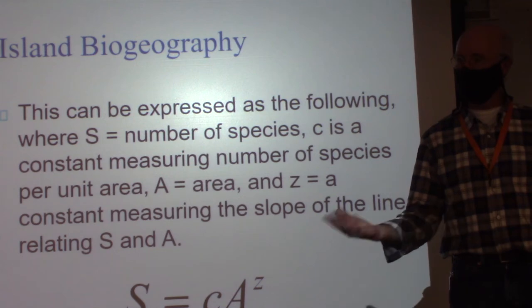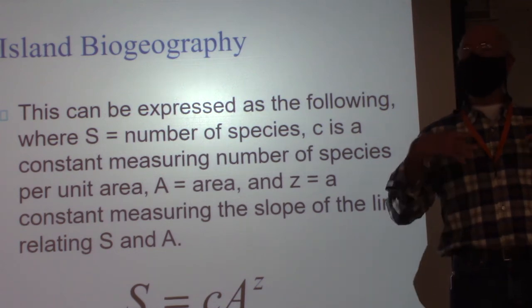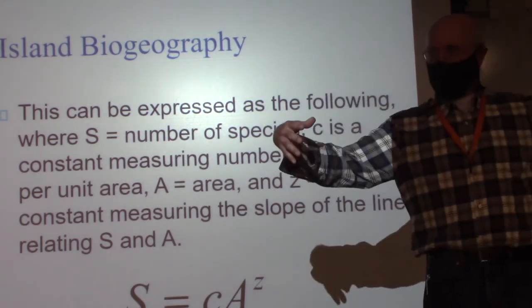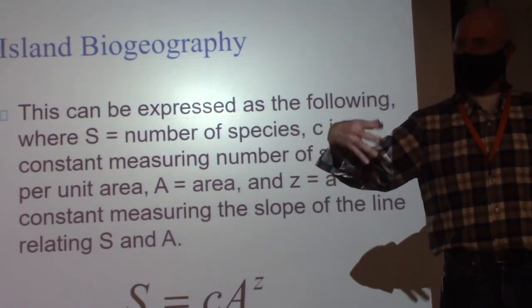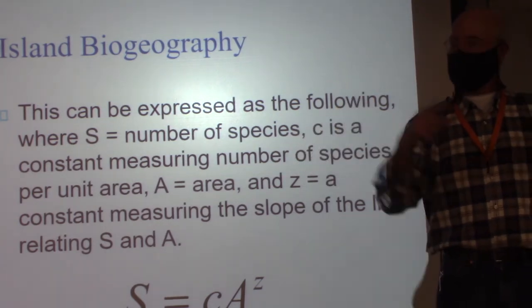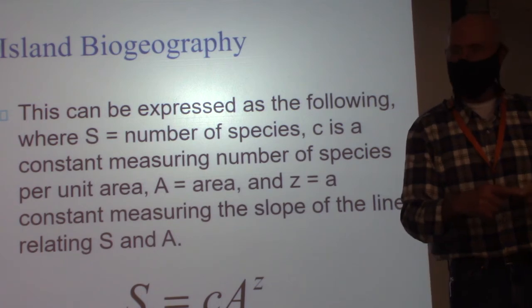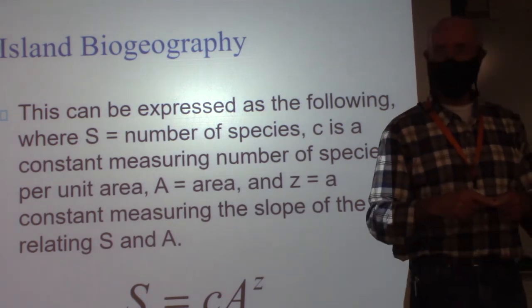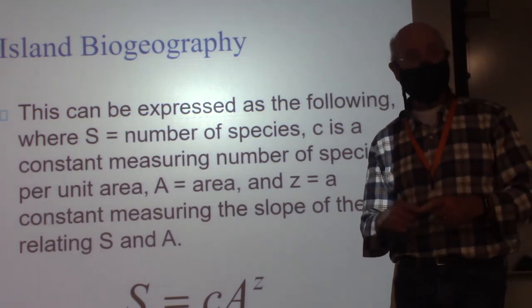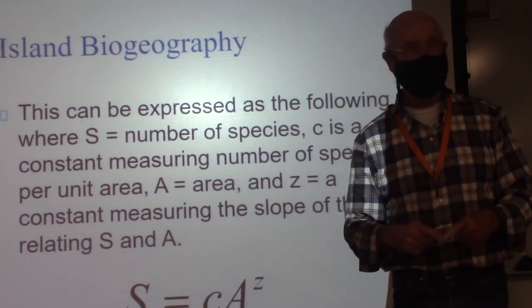You're going to need more than this land size. In other words, the more area you have, the more different kinds of species you can fit in there. The smaller the area, the smaller the populations are. The smaller the populations are, the more susceptible they are to extinction events.